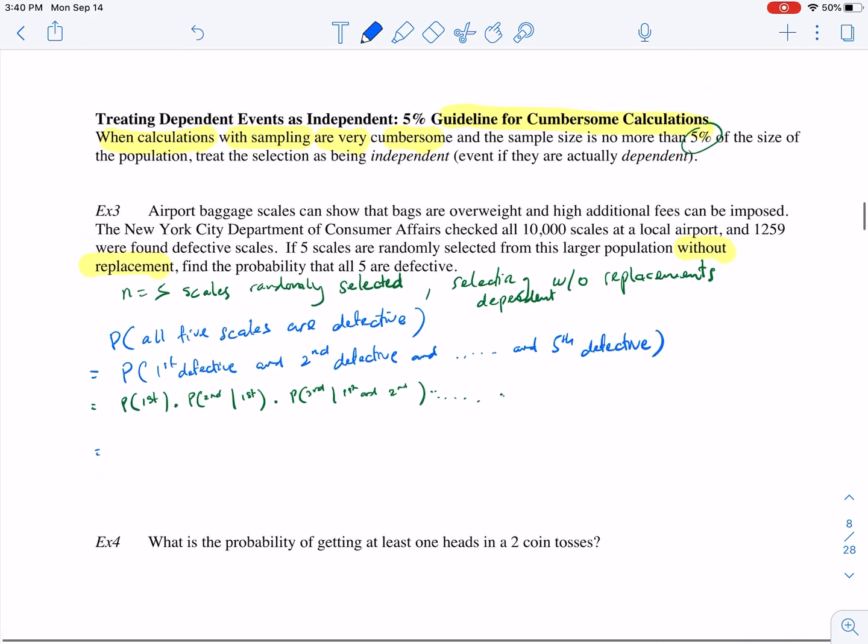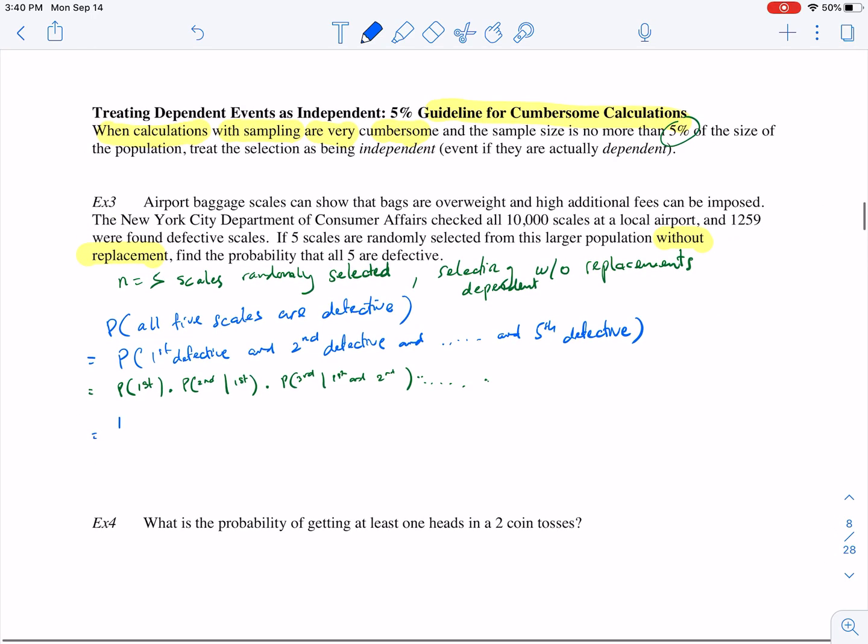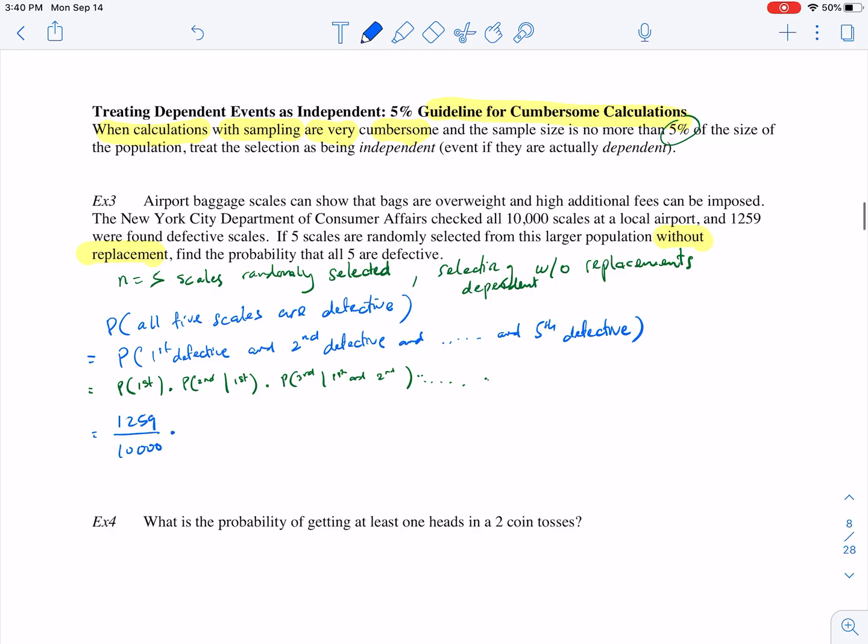Let's see. The first one we have 1259 over 10,000. And the second one will be 1258 over 9,999 because selections are without replacement. If the first scale selected is defective, we put it away.